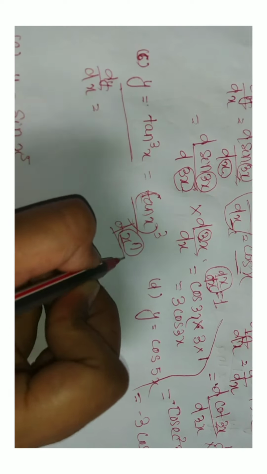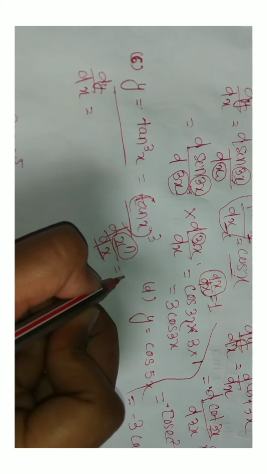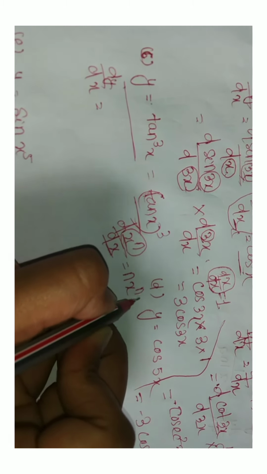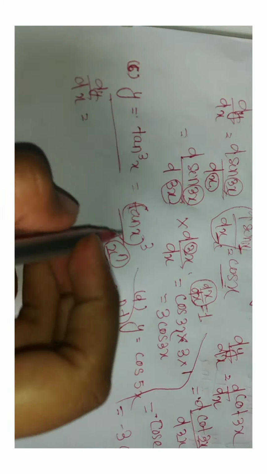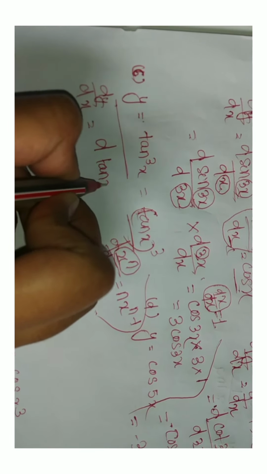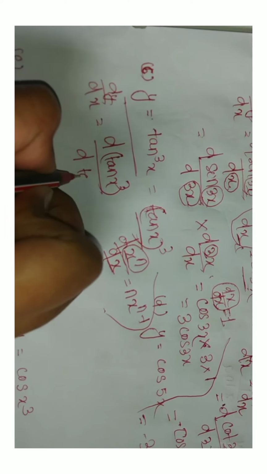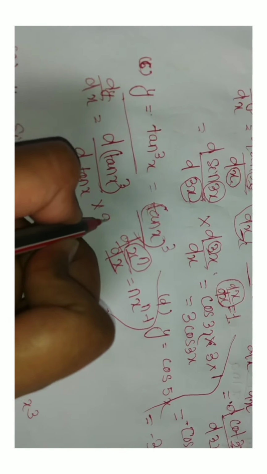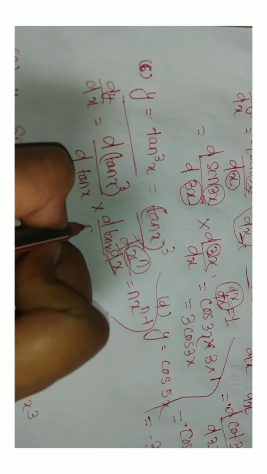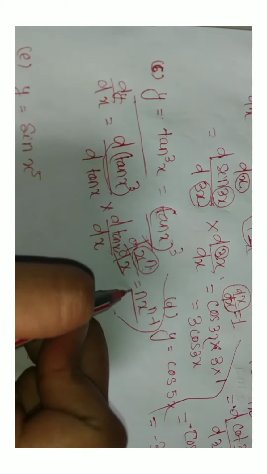The derivative of x to the power n with respect to x, we know, is equal to n into x to the power n minus 1. So first, the derivative of tan x to the power 3 by d tan x into d tan x by dx.